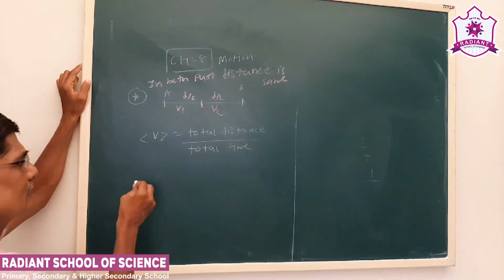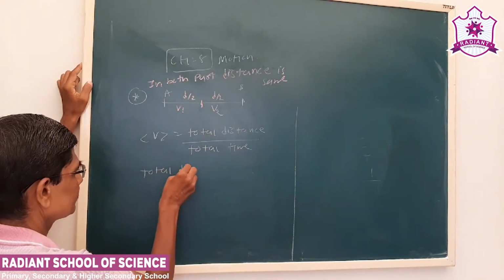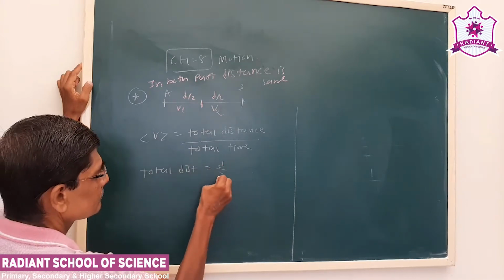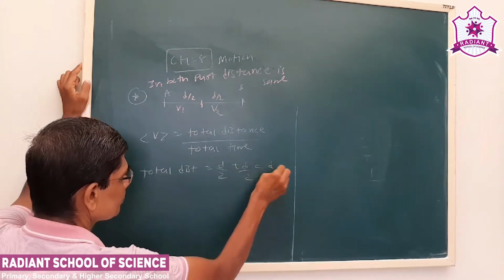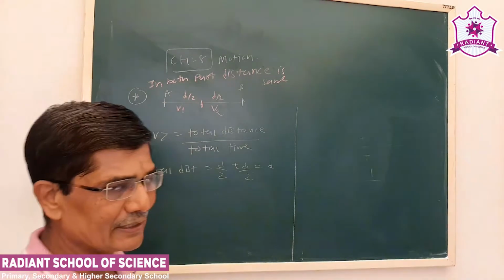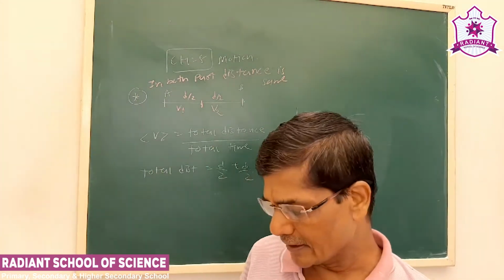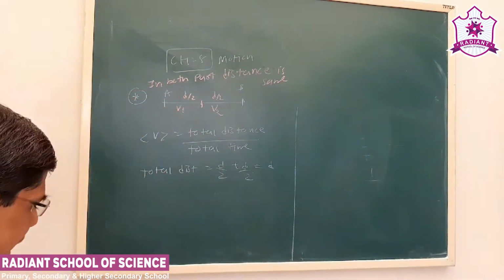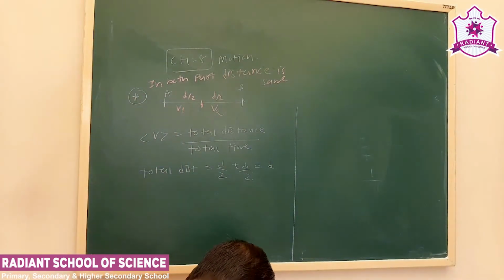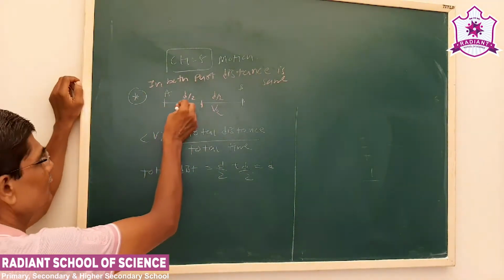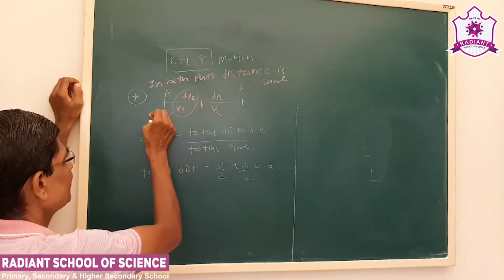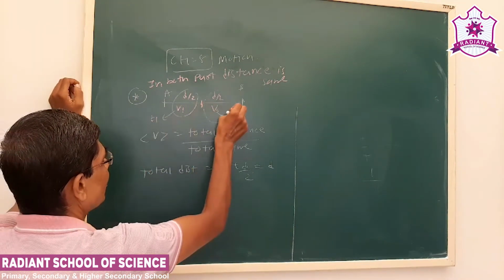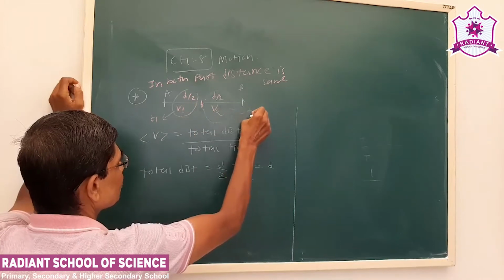But from the data, nowhere is time given, so first you have to find out time. Let us say in the first part time is t1, and in the second part time is t2.